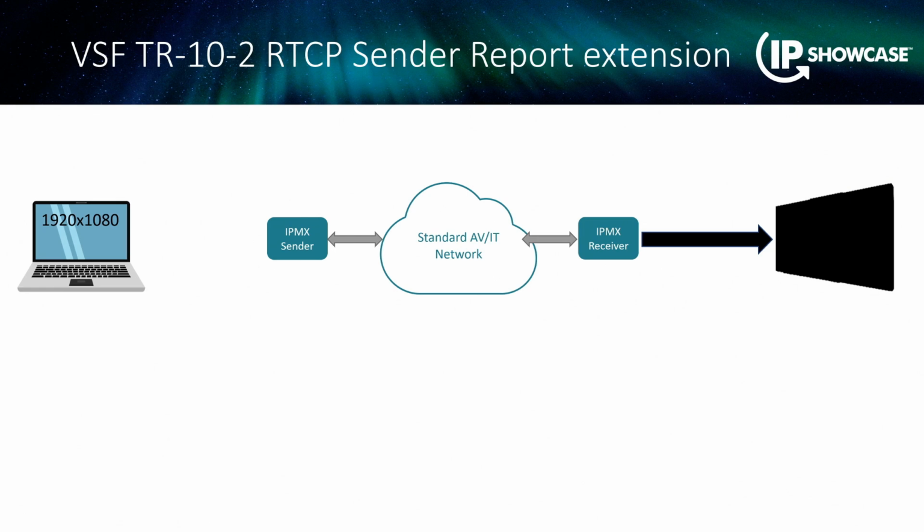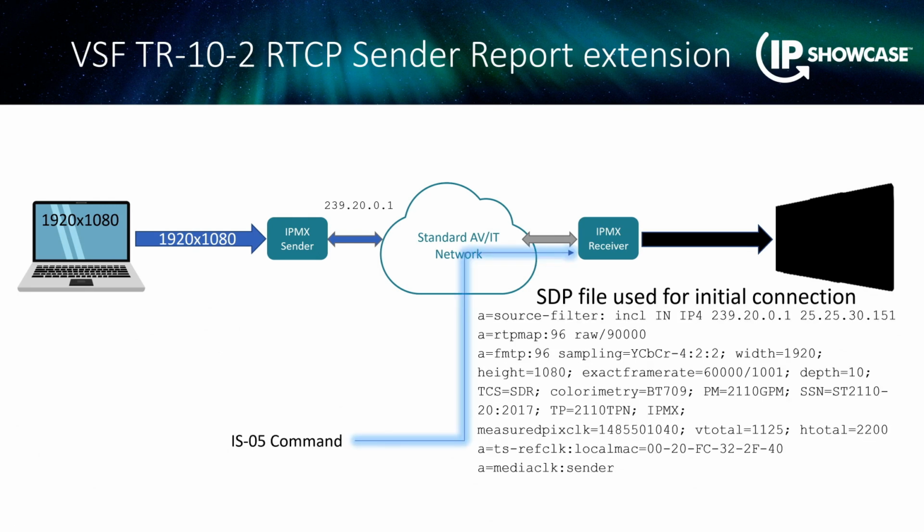I come to the room and connect my laptop to my sender. It starts sending to my network. Now I have to use an ISO 5 command to tell my receiver, hey, I would like you to receive this signal. This part here is the SDP file. This is how NMOS works. It passes the SDP file to the receiver, it extracts all the info it needs, and it's now receiving the signal. This is done to establish the connection.